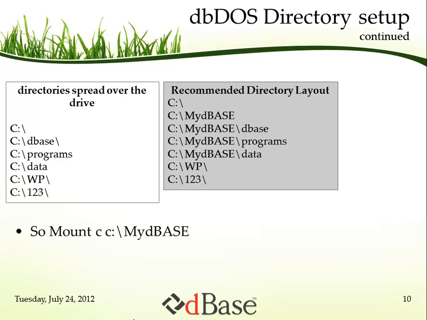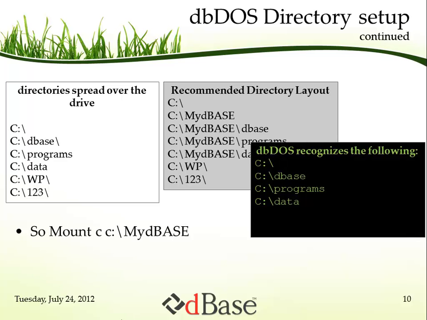So everything would be known underneath there. I wouldn't have to set any more paths. I wouldn't have to set anything. Everything would be known to that directory from that mount point. This eliminates a ton of other issues. So dbDOS would recognize the following: C:\, dBASE, programs, and data, and it would all be located under one set of directories.